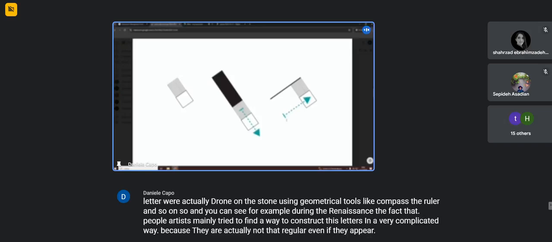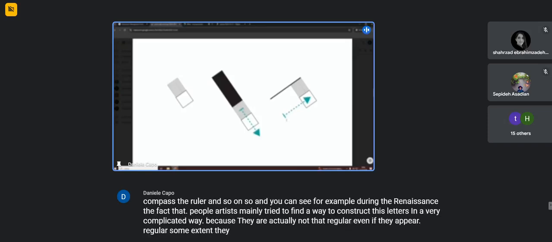Even if they appear regular to some extent, they are not.